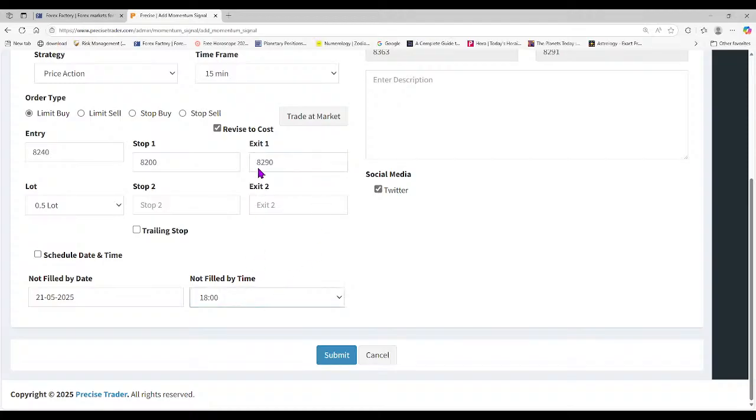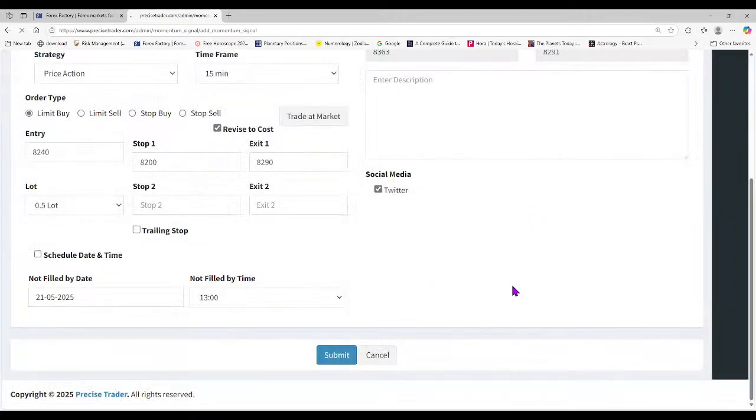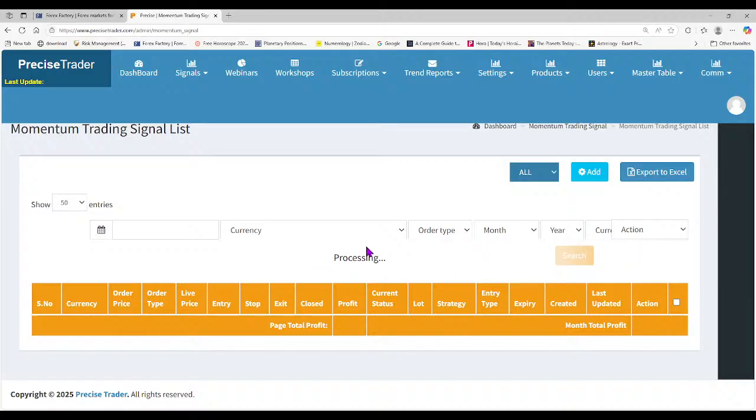Since I'm giving 82.40, I will give slightly 1-2 hours later than this time belt we are looking for. Then the next one.